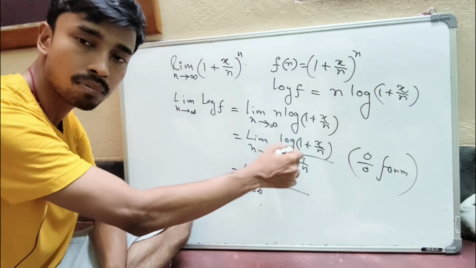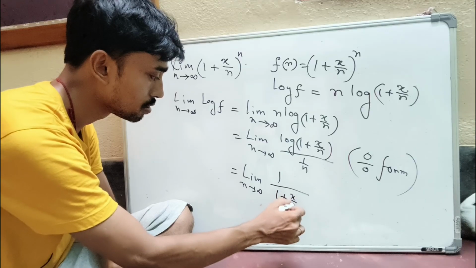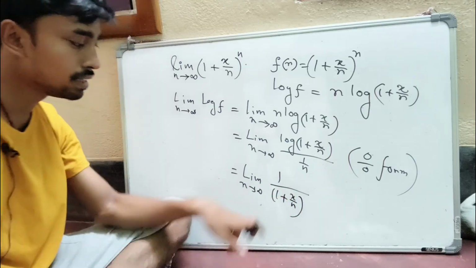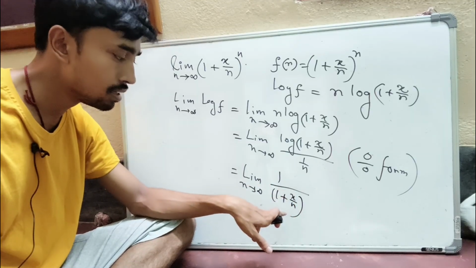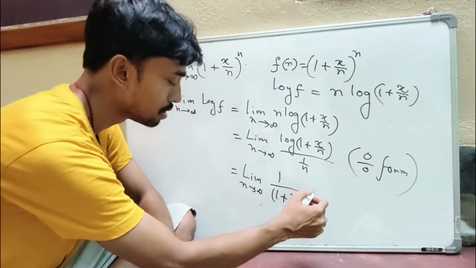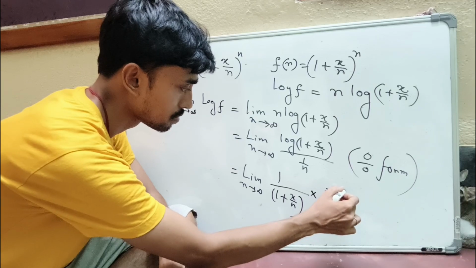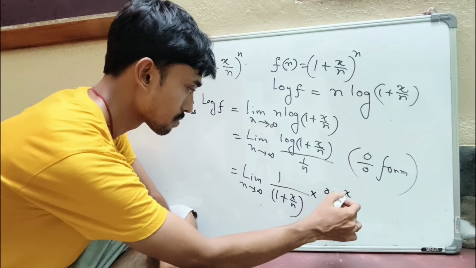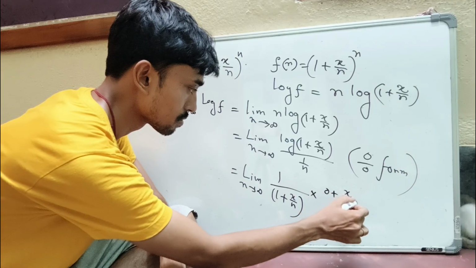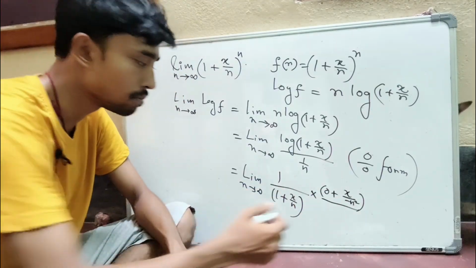First of all, on the upper side and lower side, for the upper side we have this, so log of that, and then the derivative of the inner part, plus like this. Let's see this. Then for 1 by n we have minus 1 by n squared.